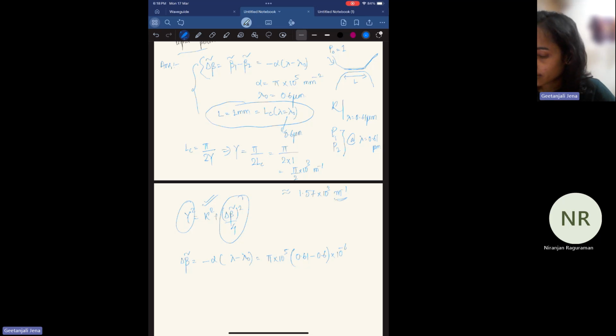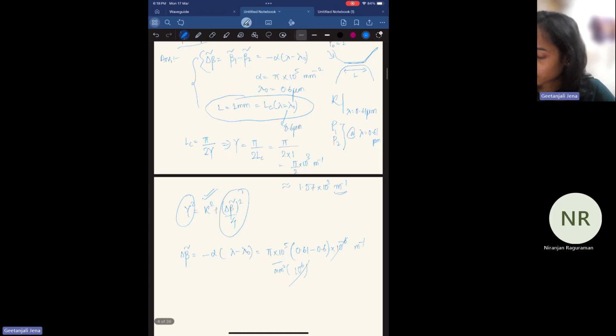Micrometer is 10 to the minus 6 and millimeter inverse there, millimeter square. This will give 10 to the 6, so that means this will cancel.